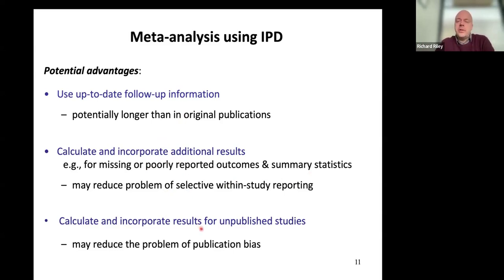When we do an IPD meta-analysis, we have to have lots of communication with the original authors, and it could be that during that process, they say to you, oh yeah, you can have the IPD for that trial that you want it for, but did you know we also did another trial which we didn't publish yet? And therefore, we could maybe start to get IPD and uncover trials that were not published, and therefore reduce the issue of publication bias that way.